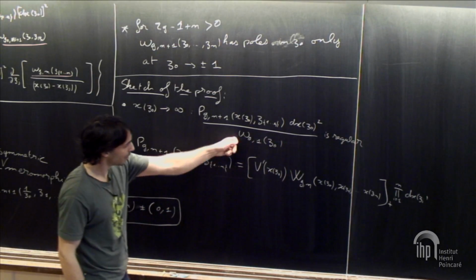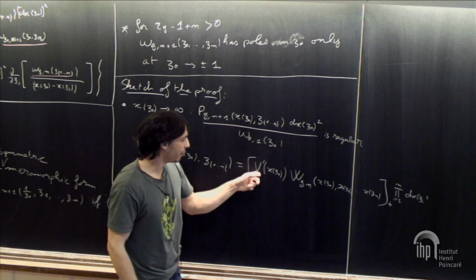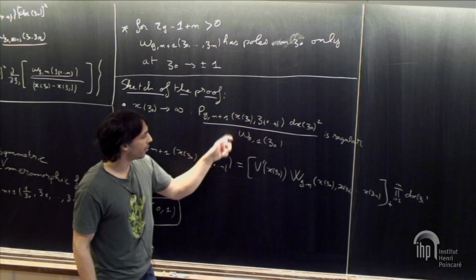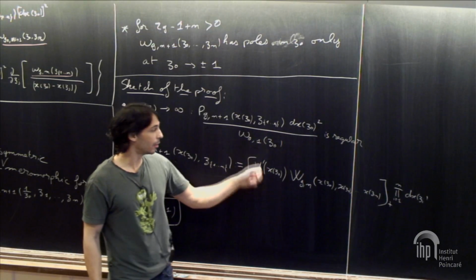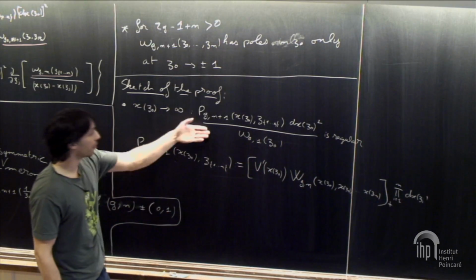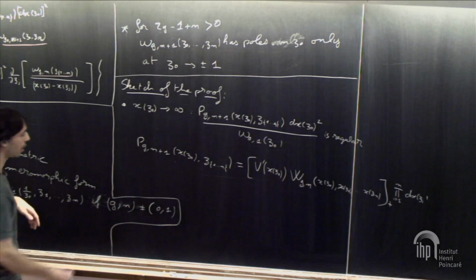And actually degree of V prime minus 2, and actually this omega 0,1 behaves like V prime when x goes to infinity. So this is a completely irregular object.